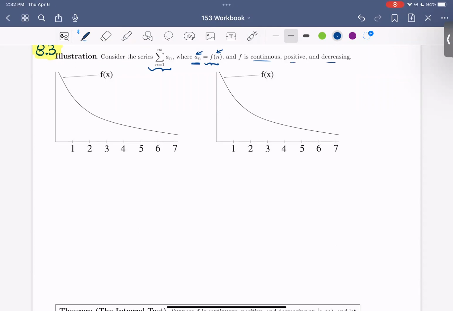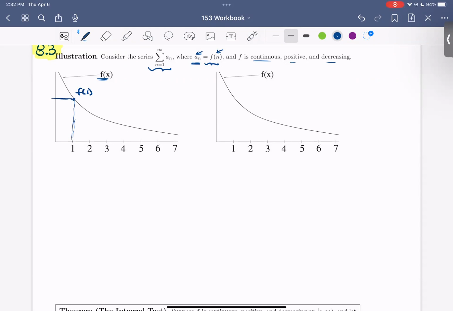Okay, so I'm going to decorate these two pictures that I have here. Notice both of these images are a graph of f of x. So when I plug in 1 here, the output of my function is f of 1.